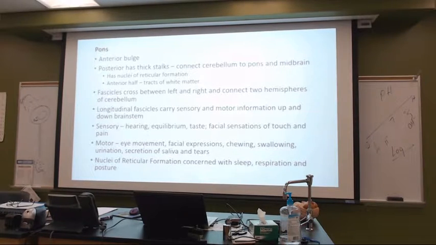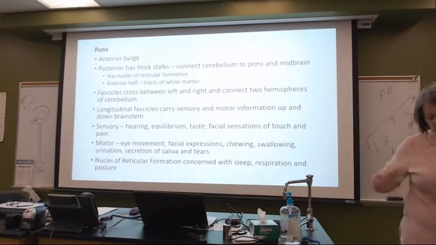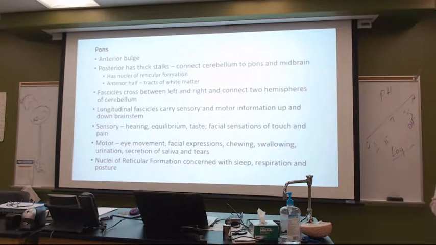Now, looking more at this area, the pons. The pons is this bulge up here at this anterior portion. On the posterior, it's got some really thick stalks that are present. It does connect my cerebellum. Basically, when we're looking at the bulge that's existing, we get a connection to my cerebellum and midbrain.